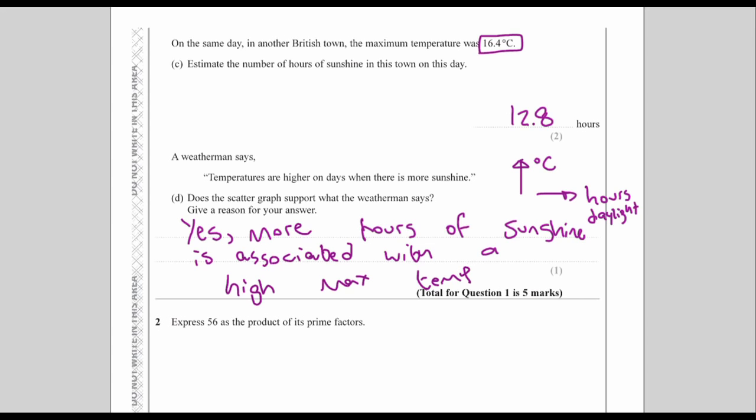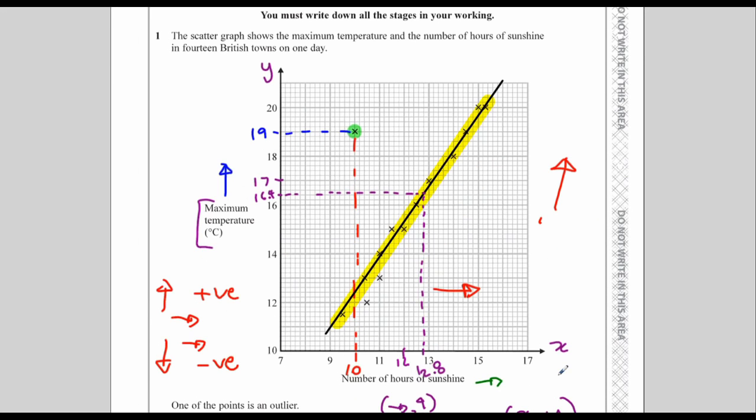For instance, looking back at the graph, if you're up at the top end, you've got a higher max temperature here, and you've got higher number of hours. If you're down at the bottom end, you've got a lower max temperature and a lower number of hours of sunshine.